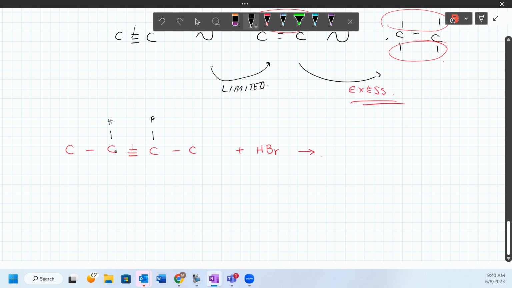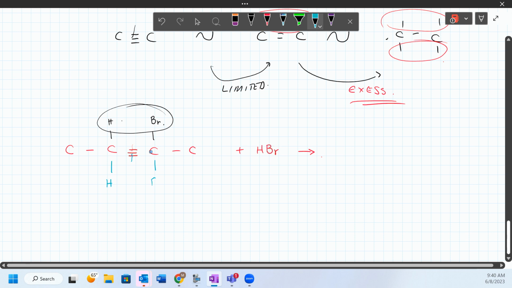So this can be H and this can be Br as a replacement here. And then what is happening after that, since it is excess, the second bond between the 2 carbons is broken, and then you are creating two more bonding capacities. So one hydrogen goes here and one bromine goes here.